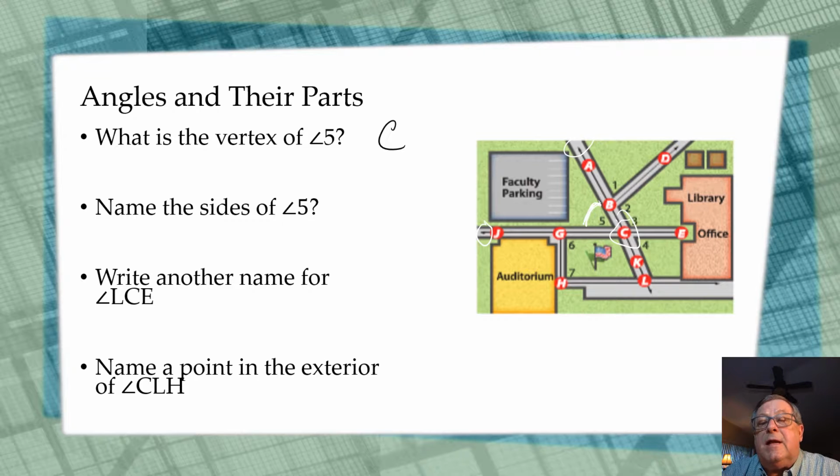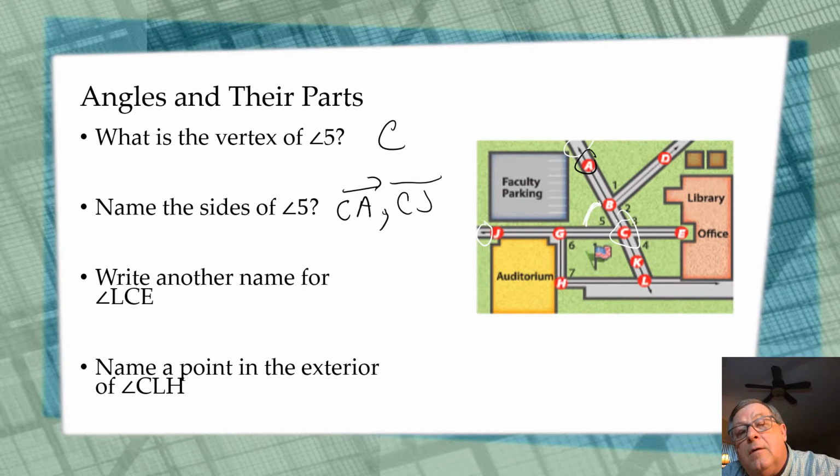We were asked to name the sides, so if we start from the vertex, ray CA is a side, and you can see A up here, and therefore the next side is ray CJ. There's J right there, point J.